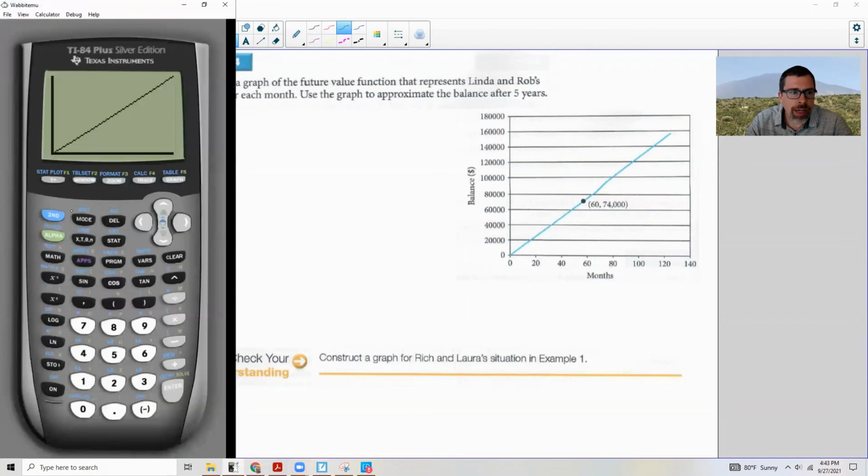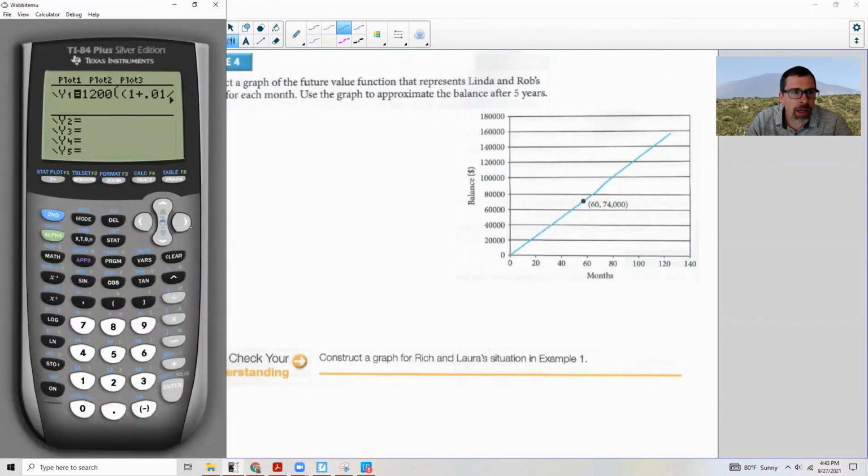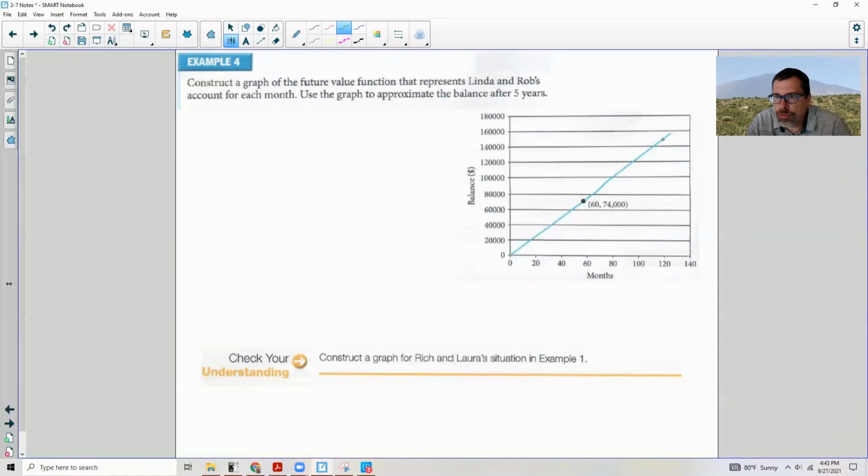Okay, so all I had to do, going back here, when I plugged it in, I needed my exponent to be X, which is the number of payments, monthly deposits of $1,200, 1, 2, 3, 4, all the way up to 120 times. Okay, so that's why it stops here at 120.